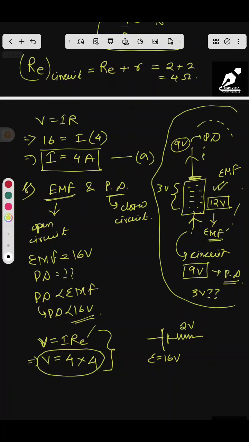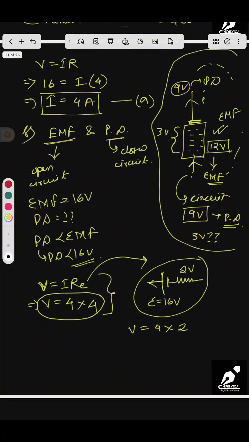So you will be applying V is equal to IR across this only. So V is equal to what is the current coming out of the battery? It is 4 ampere. And what is the resistance of the battery? That is 2 ohm. So V is equal to 8 volt is the potential difference across the cell.